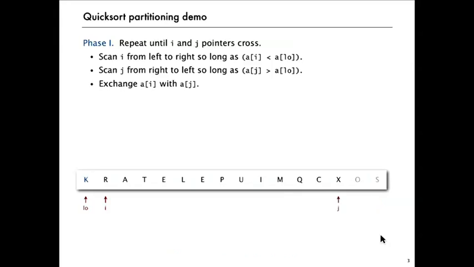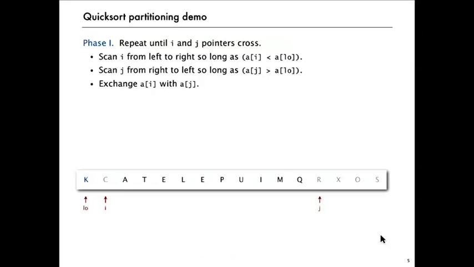The J pointer decrements until it gets to the C, which stops there because that's less than the partitioning element. And so now those two elements are out of place. The partitioning element's in between them and they're in the wrong order. So all we want to do is exchange those and then move on.